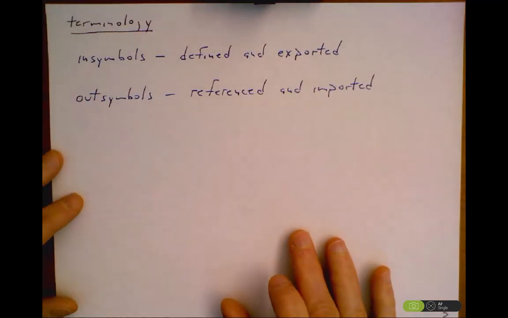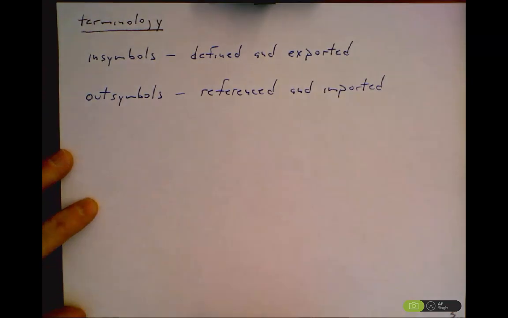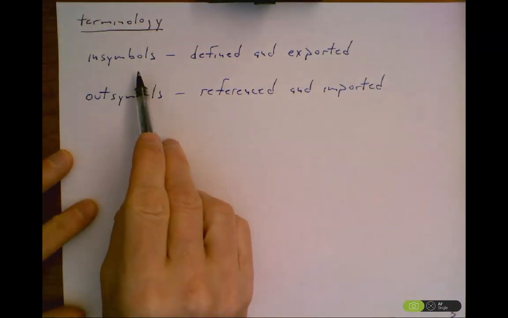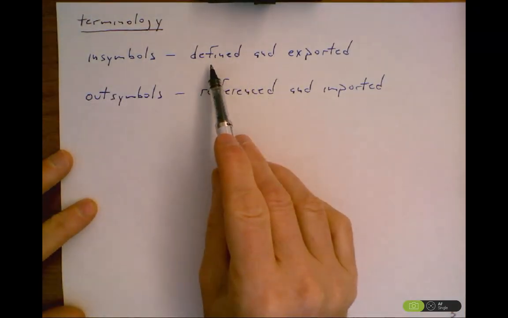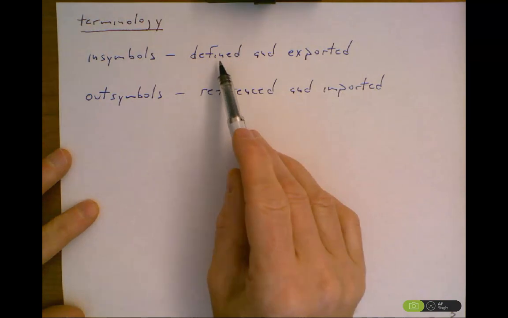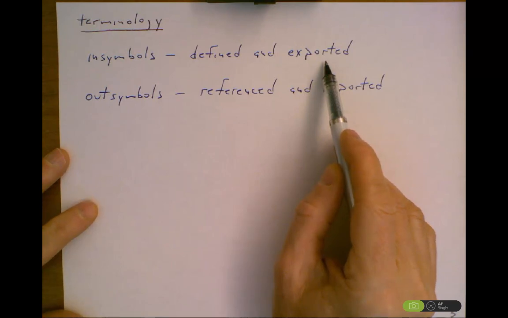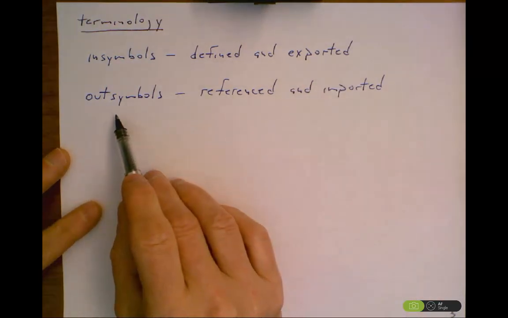Let's just review some terminology. We've talked about this already in the context of VM520, but in symbols, what do we mean by that? Those are symbols that are defined in the file and exported out of the file. So the writer of printf would define printf and then indicate that printf should be exported and be allowed to be used by other files. Out symbols are the reverse of that.